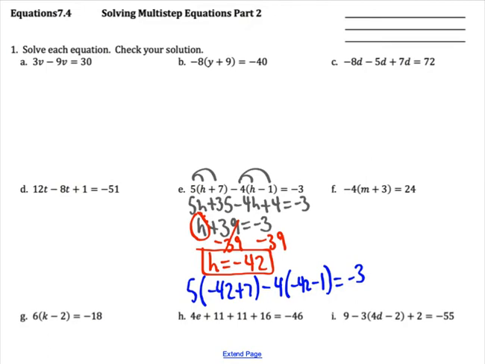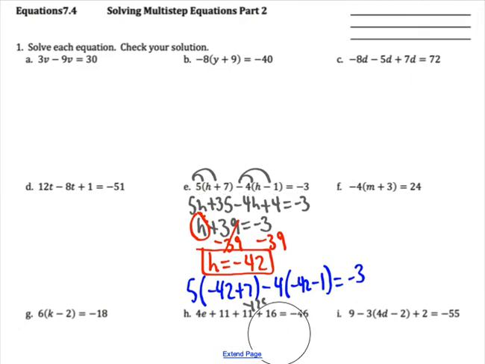I'm kind of out of room here. Negative 175, and then negative 4. I'm going to subtract 4 times negative 42 minus 1. And when I do that, all of this ends up equaling negative 3, and negative 3 does equal negative 3, that checks out just fine. So that is the correct answer.